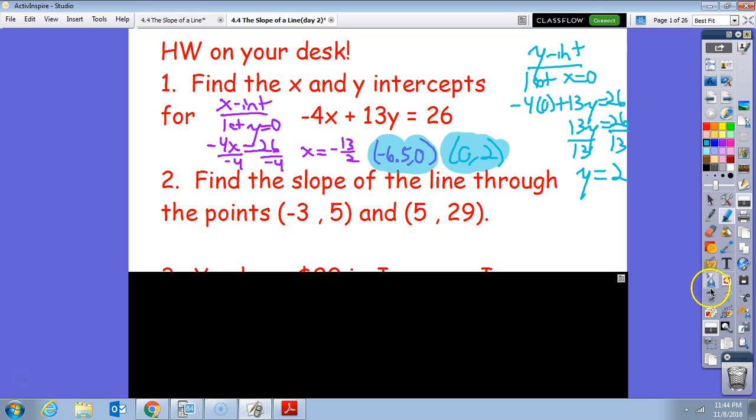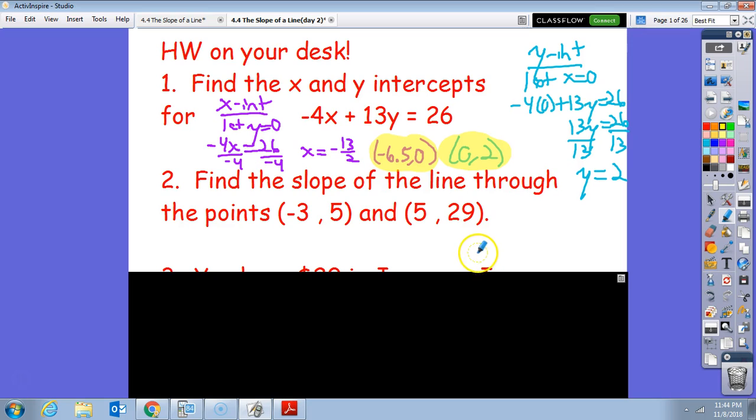Let's change the highlighter here. That's not going to work if they match, right? I could use these points if I wanted to graph my equation. Or I could also use these 2 points, as they're both on the line. They're solutions to the equation.